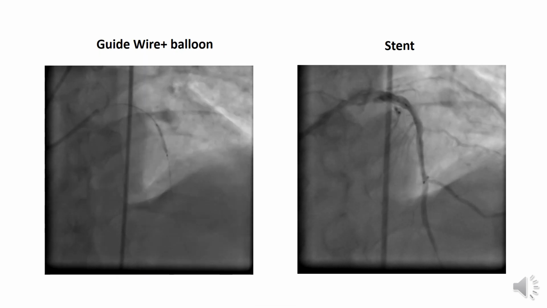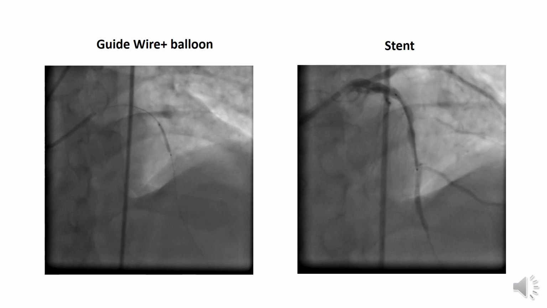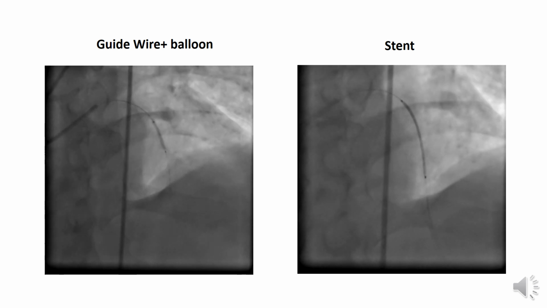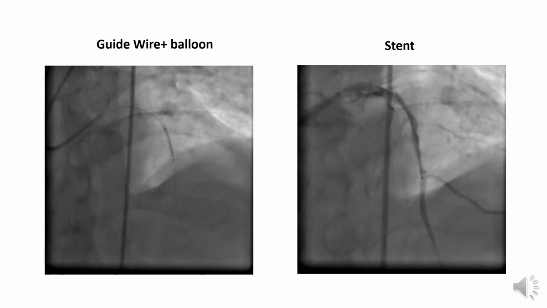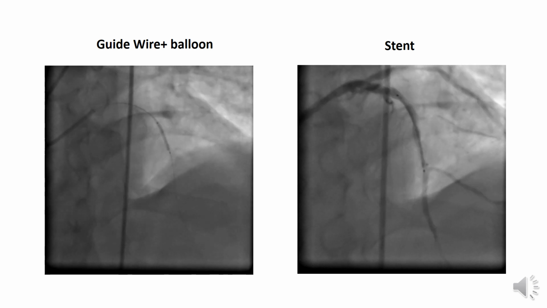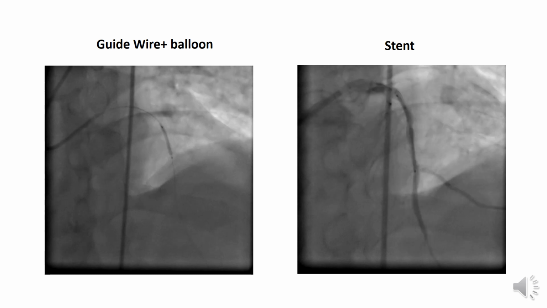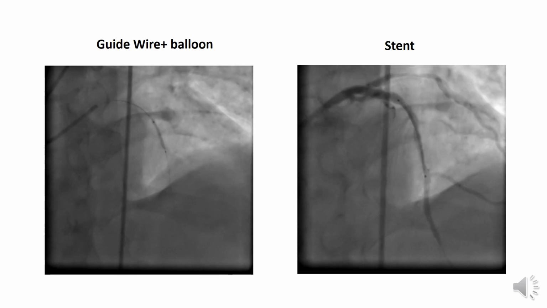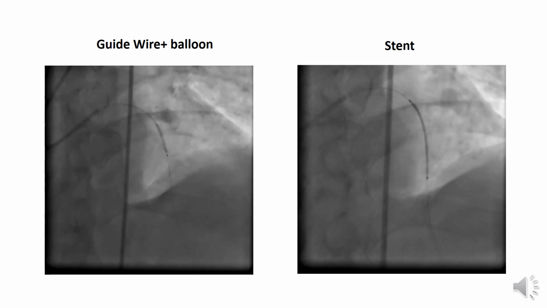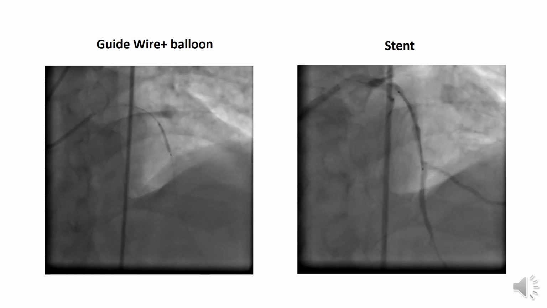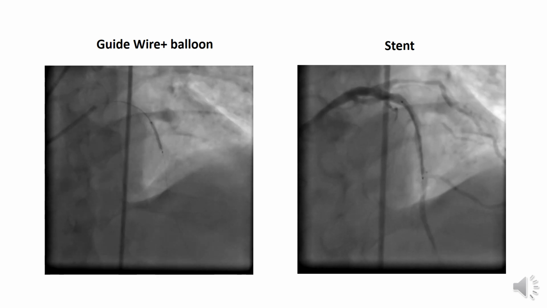Just a simple overview. Here we have a guiding catheter that is C-shaped, called an extra backup catheter or EBU catheter. This view is a right cranial view, so we have this radio-opaque thing, which is a guide wire across the vessel. We have something inflated with two dots, which is a balloon.